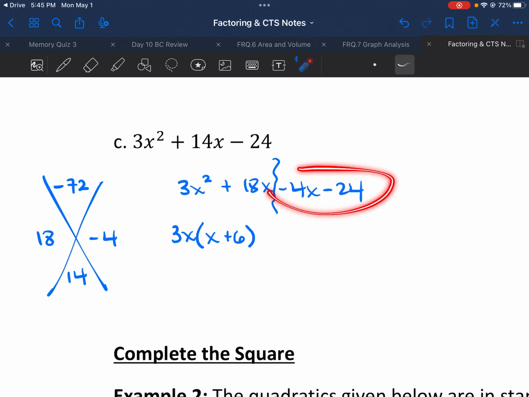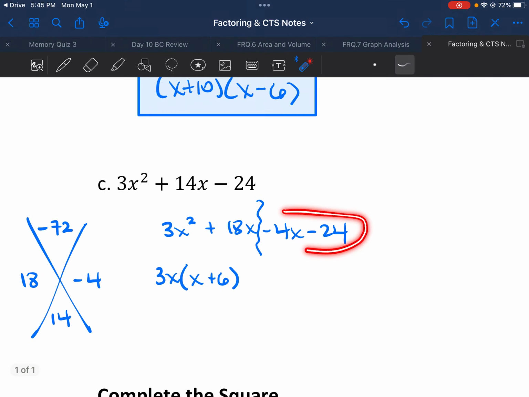All right, over here on the right side, negative 4x minus 24, we can factor out a negative 4. By the way, when you're looking at the second piece, if the first term of the second half that you're factoring is negative, you always want to factor out a negative. They both have a 4 in common, so we factor out negative 4.